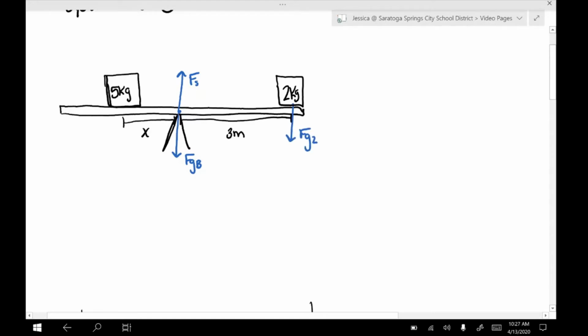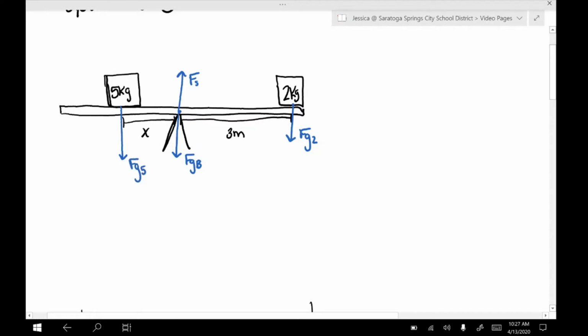The force of gravity pulls the 2 kilogram mass onto the board, and that causes a downward force on the board, which happens to be equal to the force of gravity acting on the 2 kilogram mass. It's essentially the downward normal force from the 2 kilogram mass. And then there's also a downward force of gravity from that 5 kilogram mass.